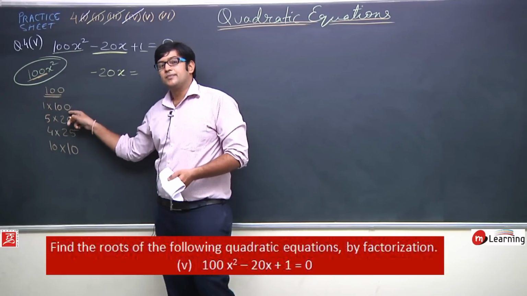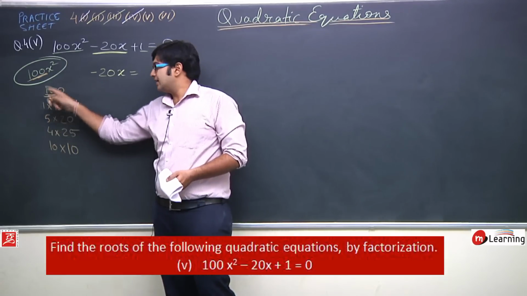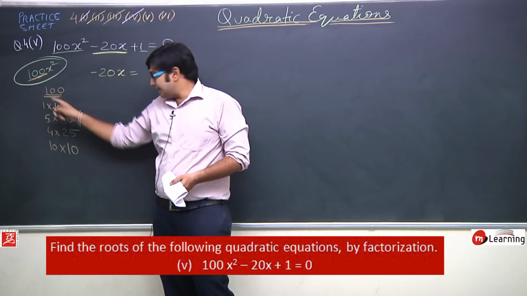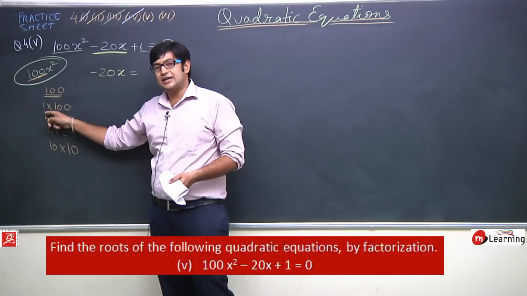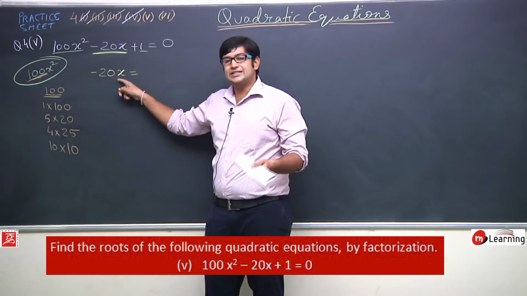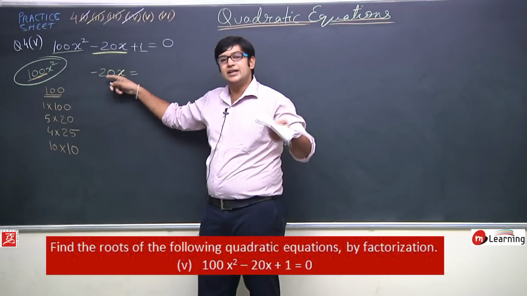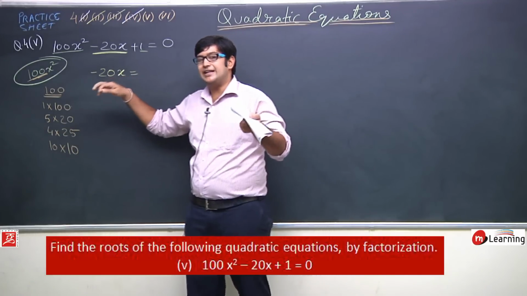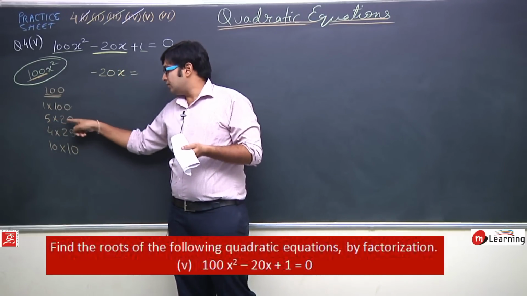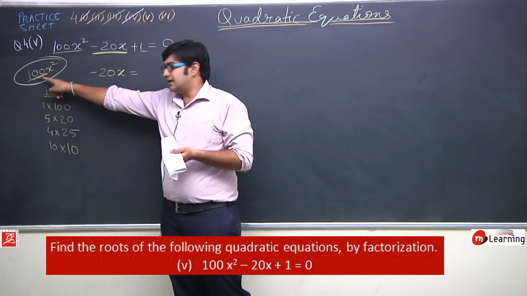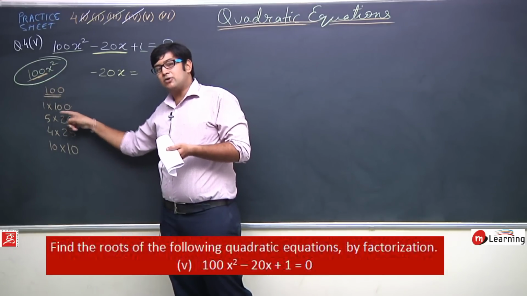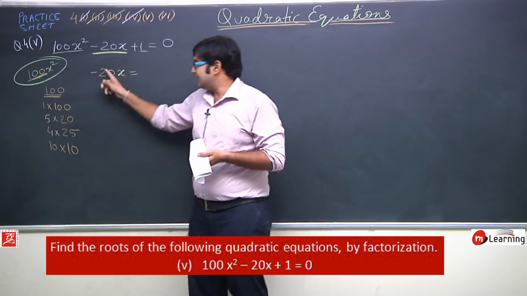1 into 100 gives 100, but 1 plus 100 does not give 20. 5 into 20 gives 100, but does 5 plus 20 give 20?